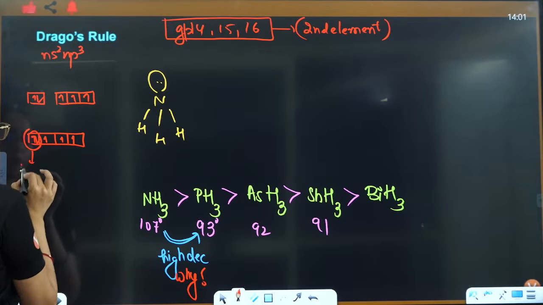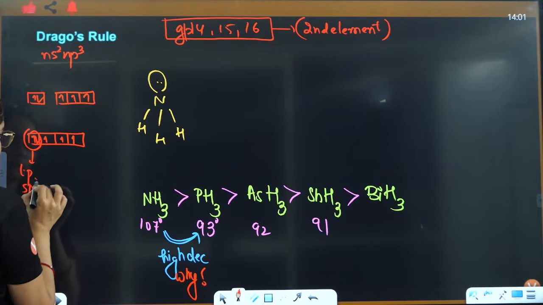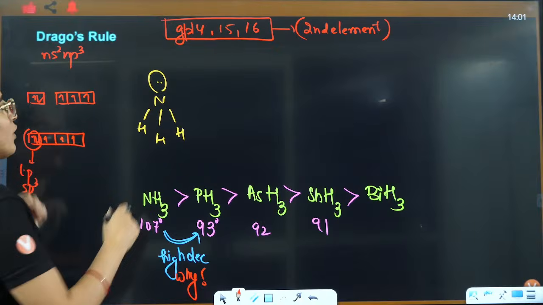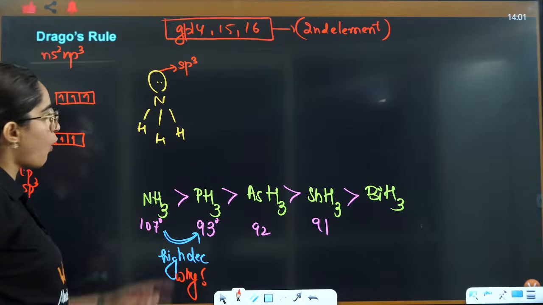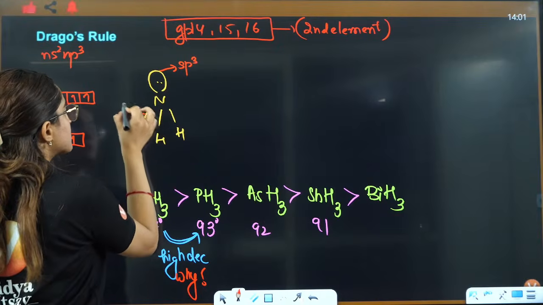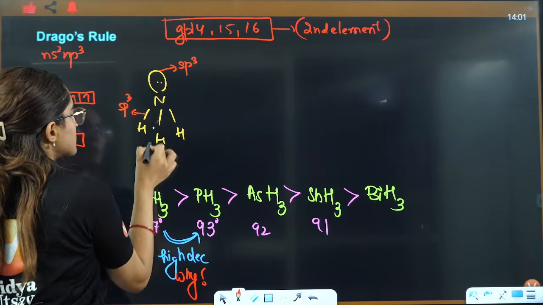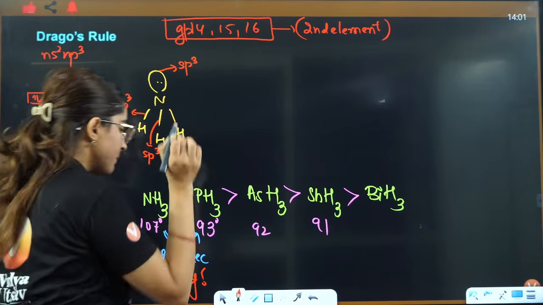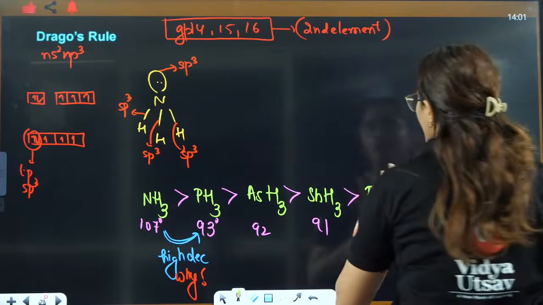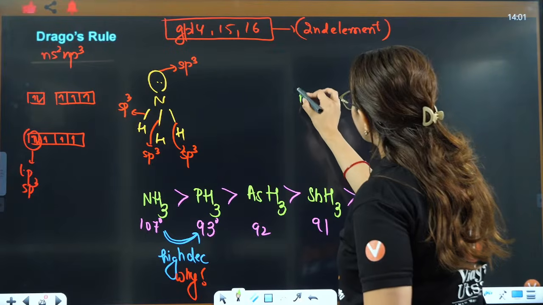This will be the lone pair, that is sp3. Now, in the case of nitrogen, this lone pair is sp3 hybridized. All these bonds are sp3. This is sp3, this is sp3, this is sp3. Okay. But in the case of phosphorus and beyond, it is not the case.